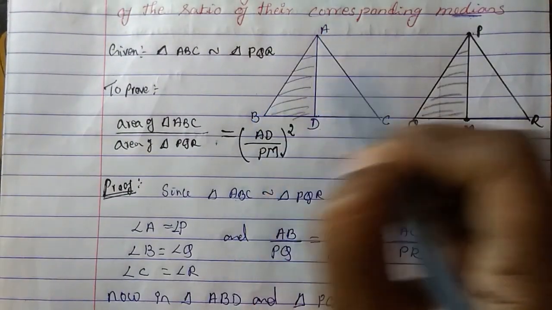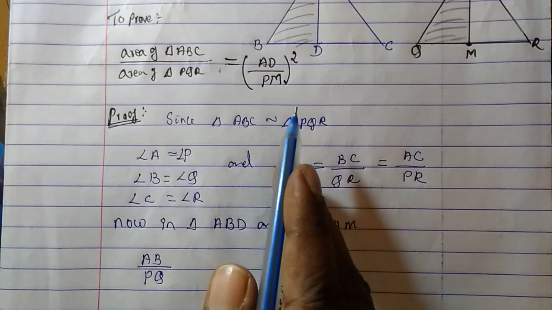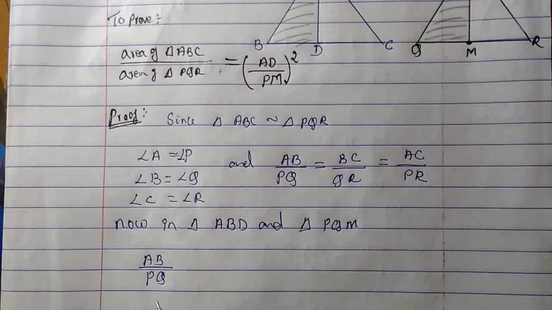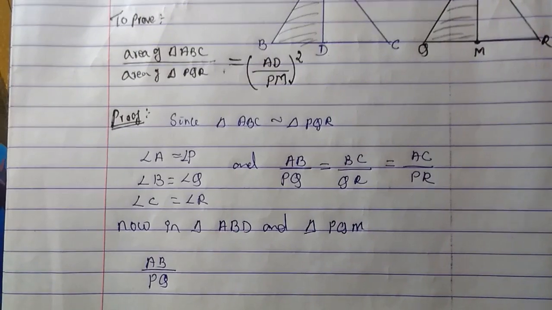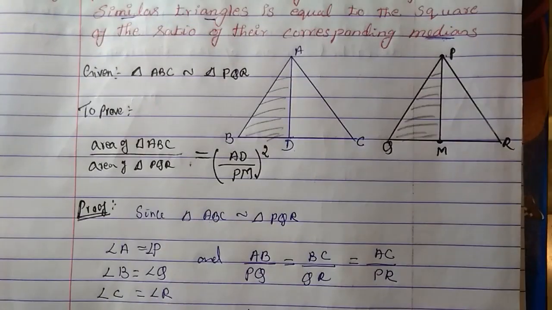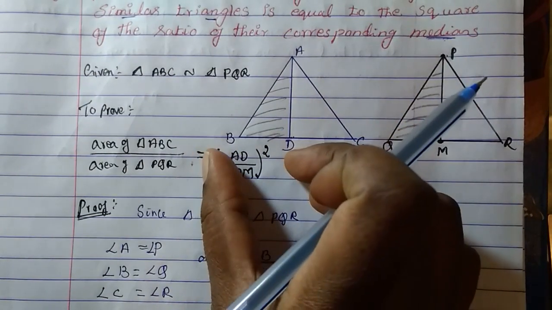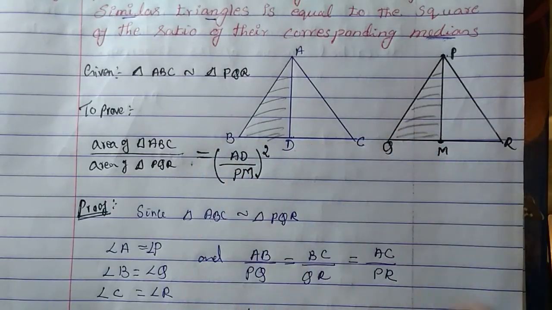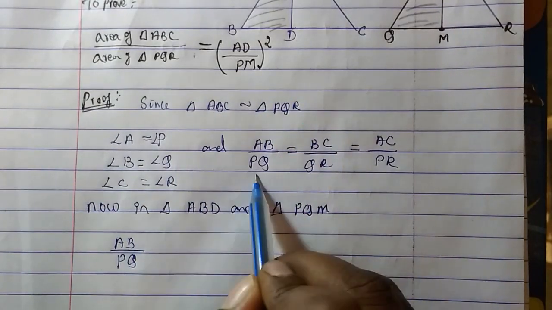Okay, so this AB upon PQ will be, one second, well, I'll not write it as a ratio, this ratio we have to write. So let's take this, as I told you, BC can be written as 2 times BD. Since both the triangles are similar, let's take this part.